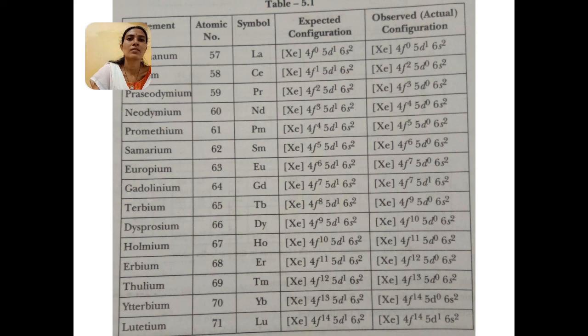Last element is lutetium, having symbol Lu, atomic number 71, xenon 4f14 5d1 6s2. 4f orbital is full now, completed, having 14 electrons. 5d having 1 electron and 6s2.